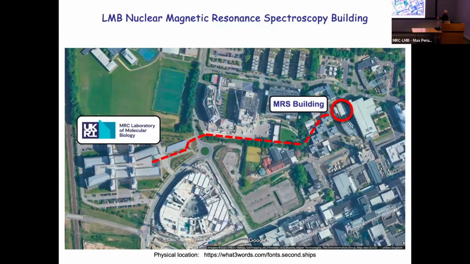So on a clinical site, we always ditch the nuclear word and it becomes known as the Magnetic Resonance Spectroscopy Building or Magnetic Resonance Spectroscopy Facility. That contrasts it from magnetic resonance imaging, which is exactly the same technique that you get inside the clinical sites that are used for non-invasive imaging inside live human patients.